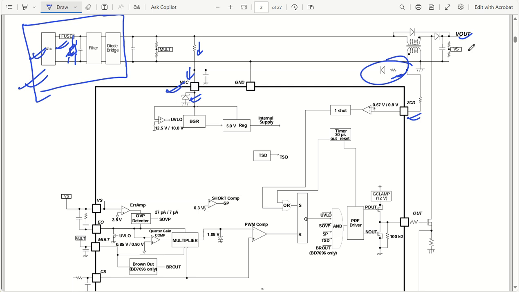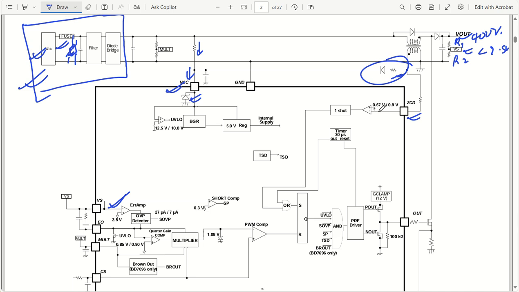Okay, so this VS pin will be deciding the voltage level at this point, and this is having a comparator here. So our aim is to make sure that, let us say this is 400 volt. Accordingly you have to decide these two resistors, let's say R1 and R2, and in that case it must be less than 2.5 volt. Okay, then only it will work. If it is less than 2.5 volt, this will not get triggered and the error amplifier output will not come up. Okay, that's the main understanding.